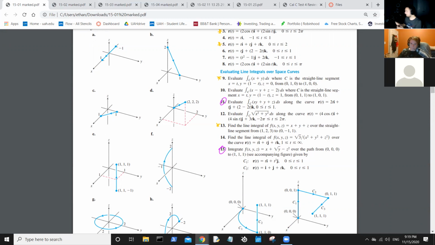Are we doing 11? Yeah, 11. We'll do 11. So that's xy plus y plus z along the curve r of t equal to 2t i plus t j plus 2 minus 2t k with boundaries given.